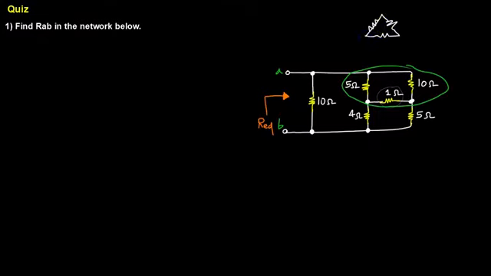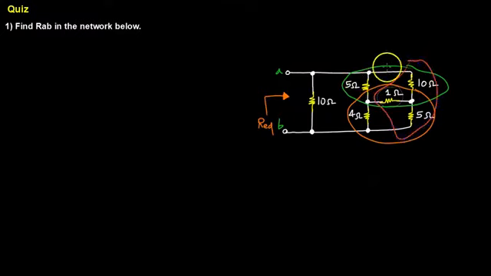So I'm thinking it's a delta circuit or delta network. I could choose that one or the other delta network down here. I could also choose either one of these star networks, this one or this one. I know it's cluttered, I apologize for that, but these are all the different combinations we can use here.